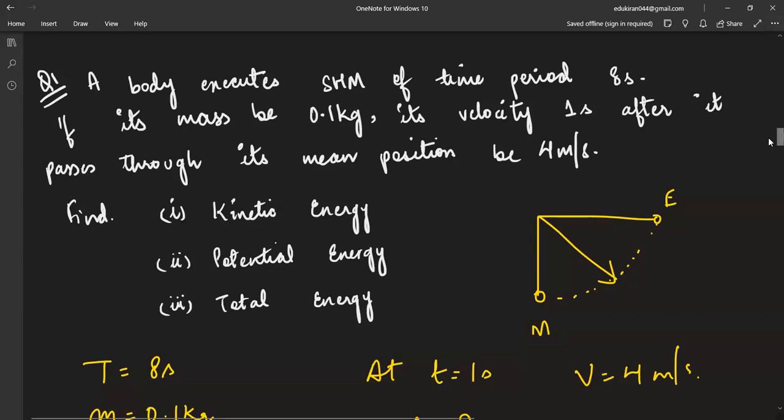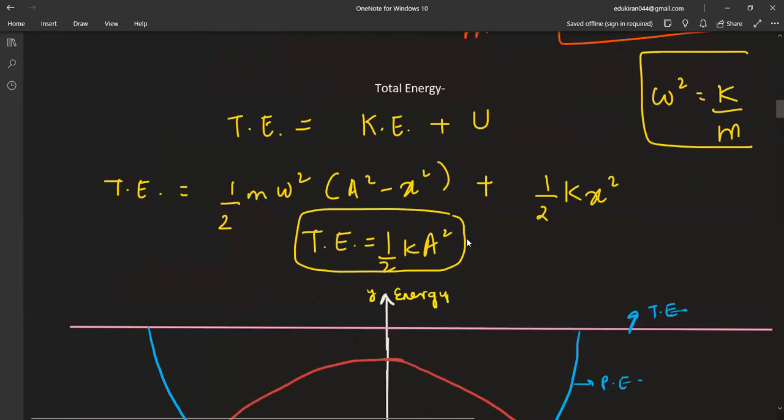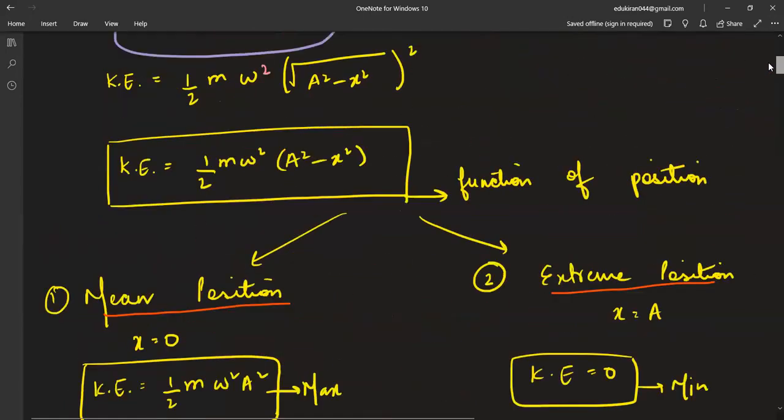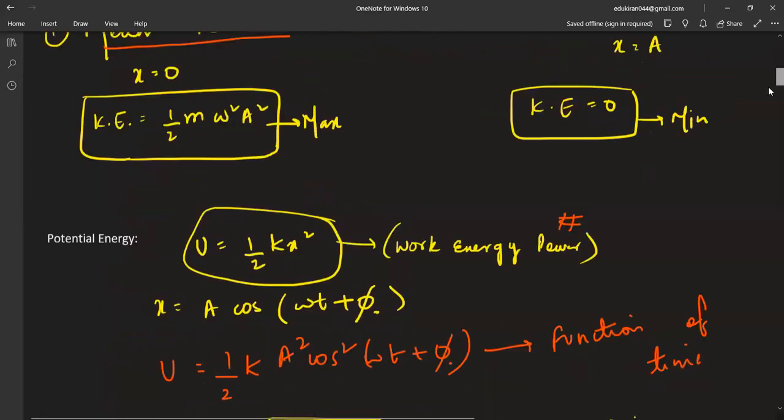Even if you do not, you just go by the formula half k a square. What will you get? You will get half m omega square a square if you go by the total energy formula. Here, for kinetic energy we get a square minus x square, and you will be using that formula.